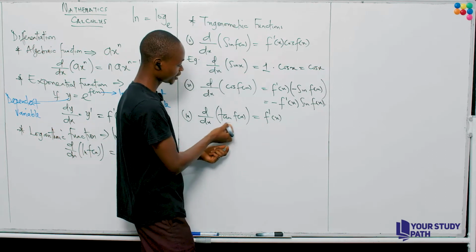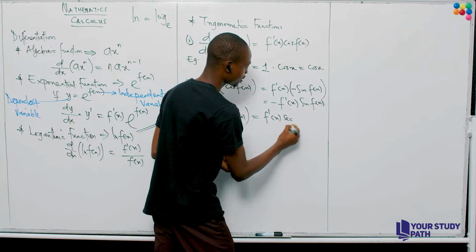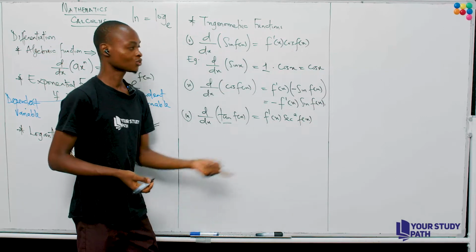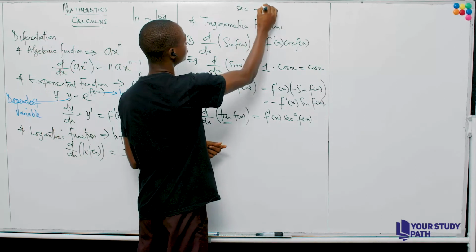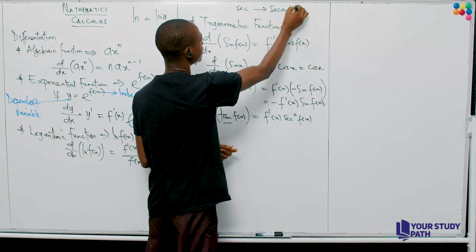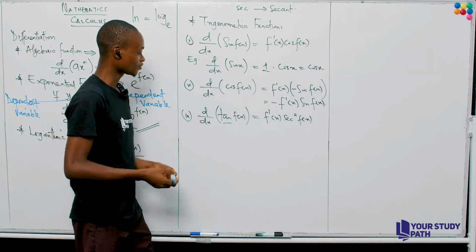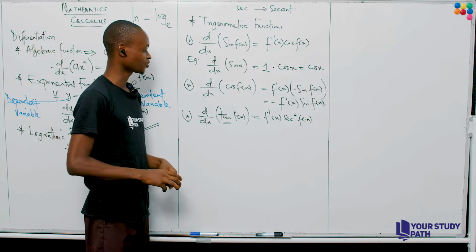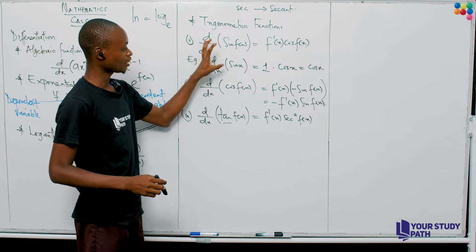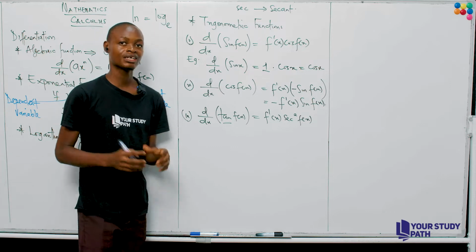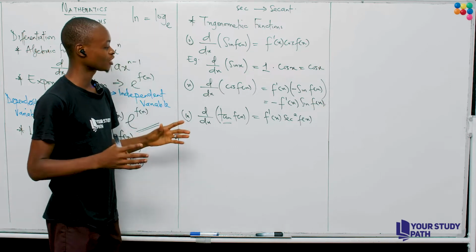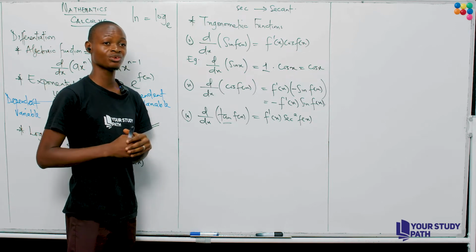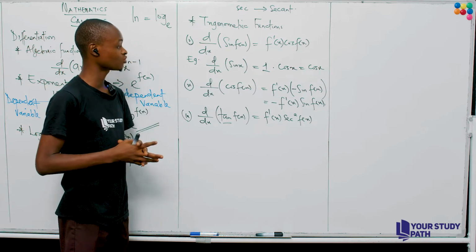And whenever we differentiate the tangent, we will have a secant squared function, where the SEC simply means secant. And this is very, very essential. Of course, there are many other kinds of trigonometric functions you can have, but these are the three most important functions that you would find yourself using most times and every single time within your calculations.